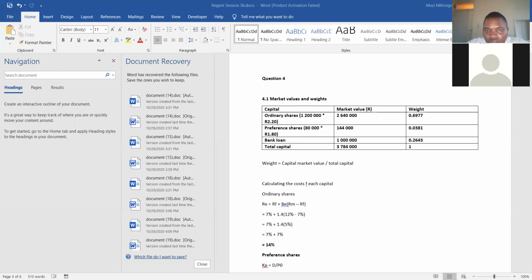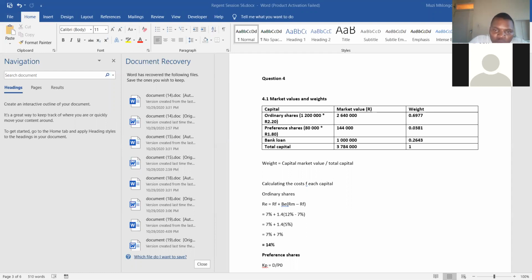Are you following? Yeah. Yes. Even on preference shares, they are saying 80,000 preference shares trading at 180 per share, issued at 2 rand per share, interest 10% per annum. When you calculate market values, you need to focus on the current price of a share.